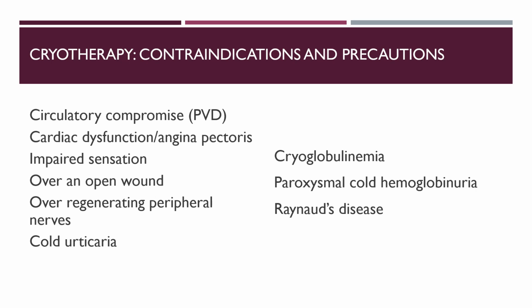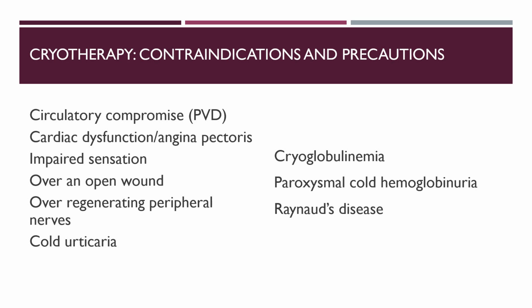Next one down is cardiac dysfunction or angina pectoris. So we haven't talked a lot about the cardiac dysfunctions, pathologies, or anything like that. But when we hear the term angina pectoris, typically what happens is a vasospasm essentially of those arteries that feed the heart.